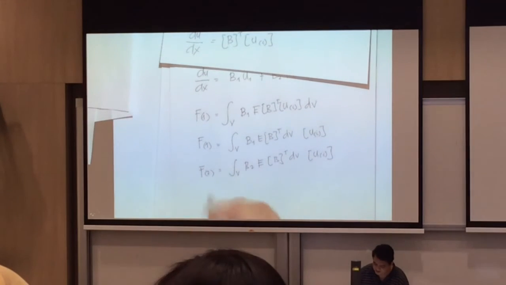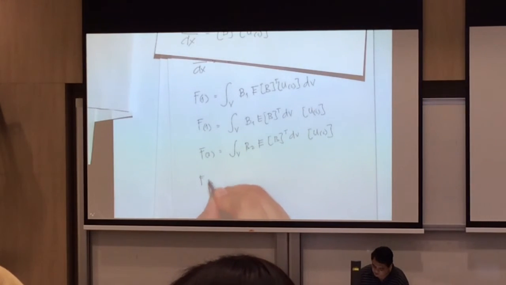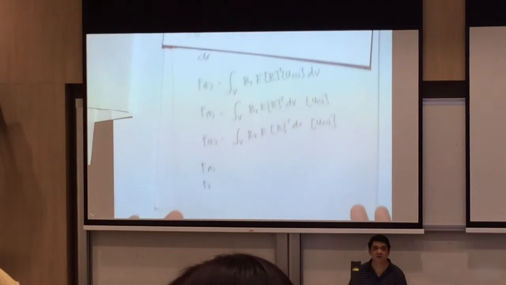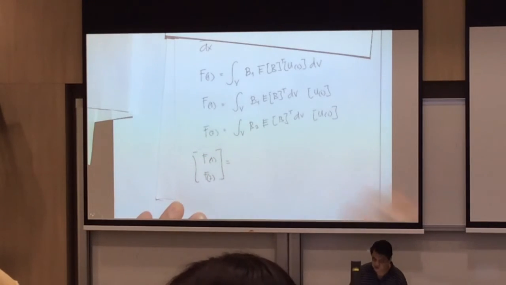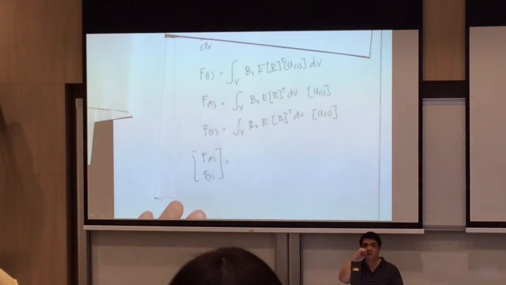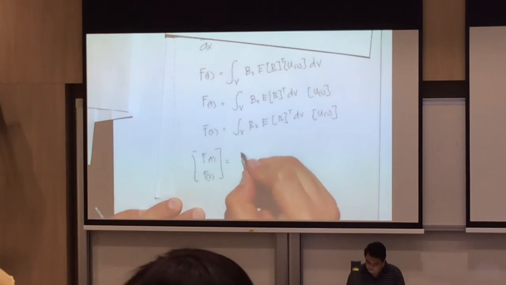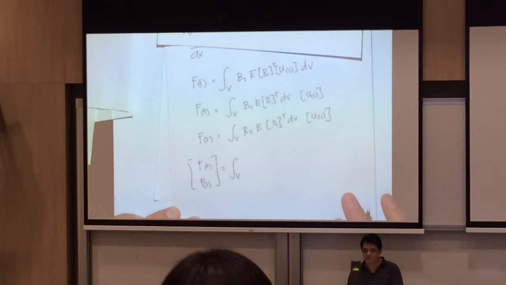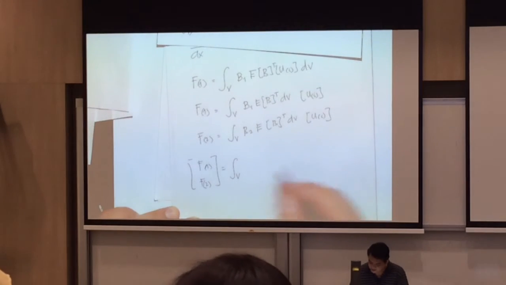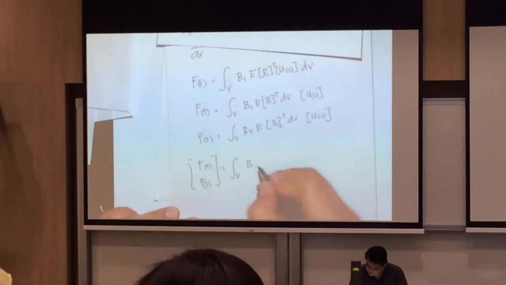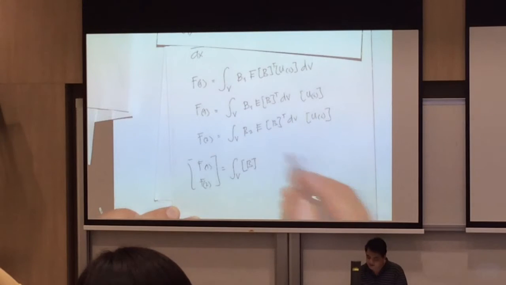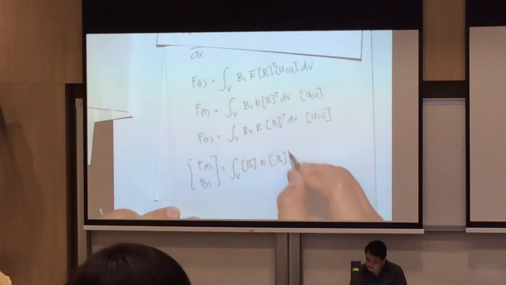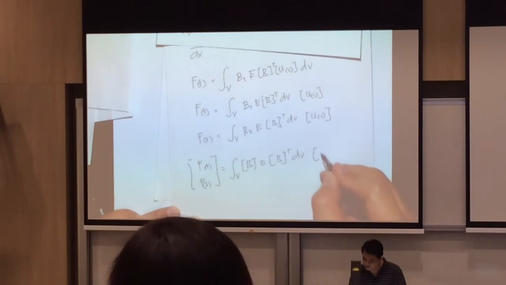So what I'm saying is that you will have F1, F2, so this will be equal to the volume integral of that matrix B, and then you will be able to multiply this one with E, and this one will be the B transpose dV, and this will be UI.